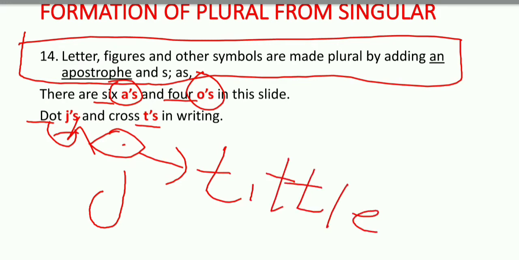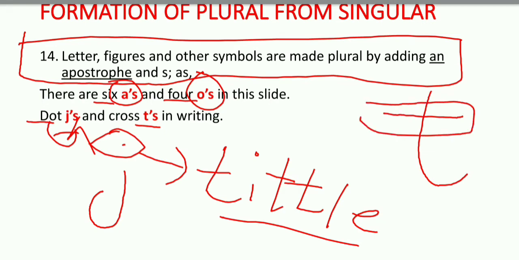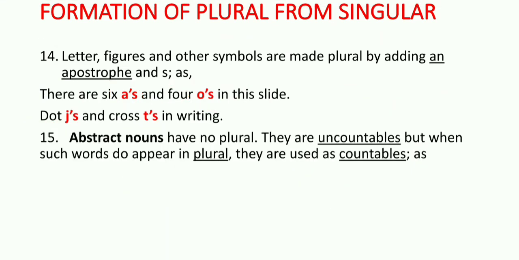So here I only said dot J's and cross T's. Cross T's means when you write a T, you cross it like this. So by crossing this, it is called cross.